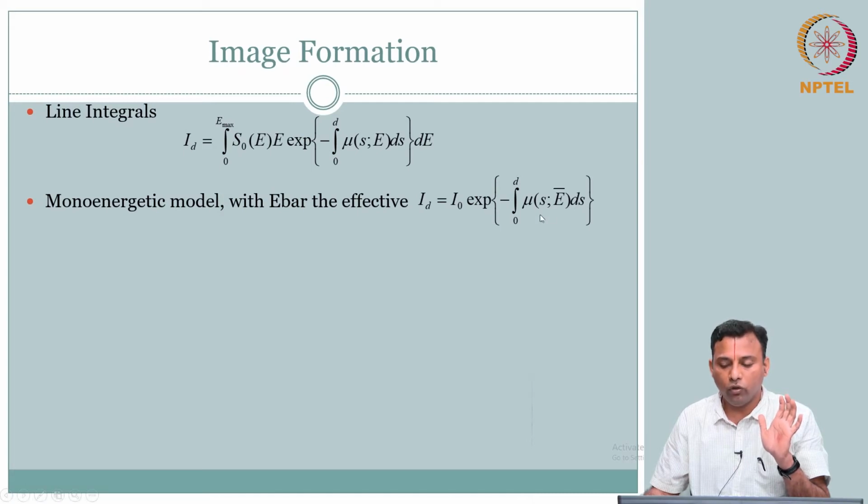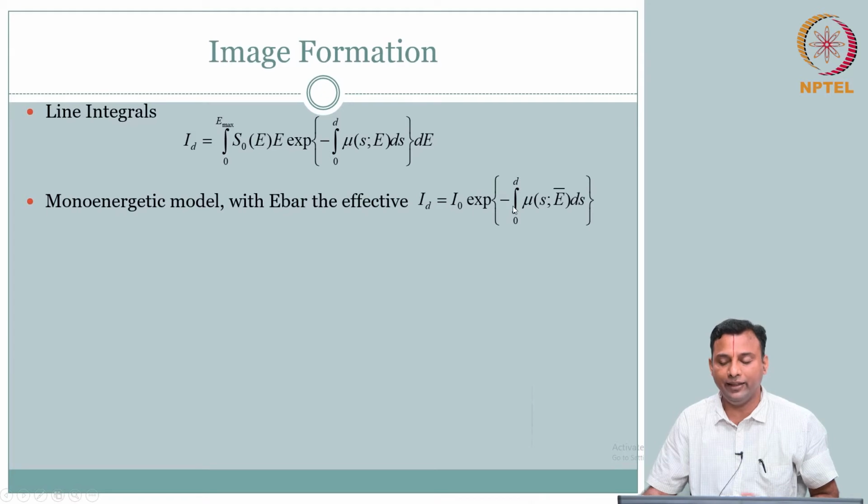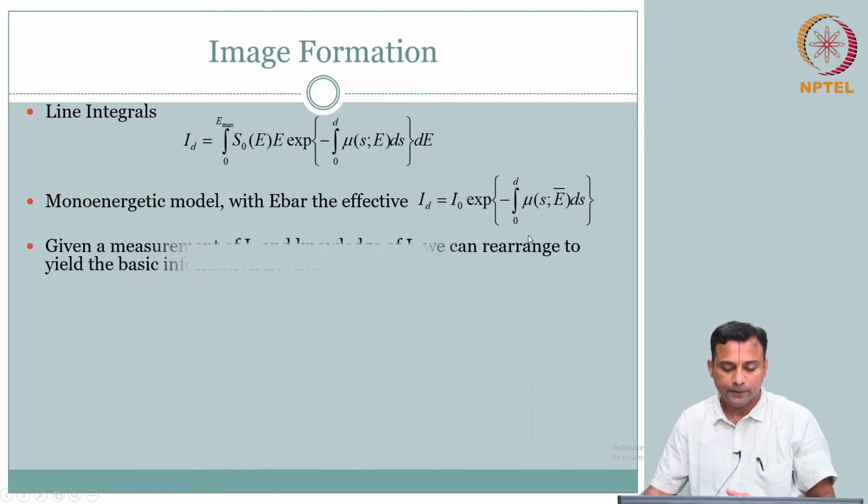What I don't know is this mu, which is the unknown. This d is not a big deal. I know my path, and I know roughly the object size, so I can calculate d. That is not an issue. But I need to get this mu as a function of s, the path length.